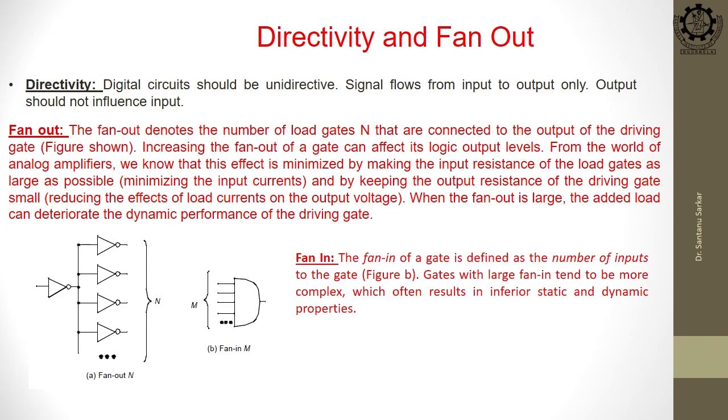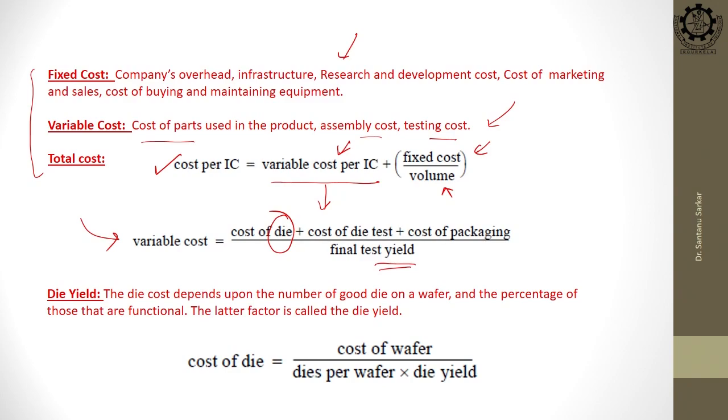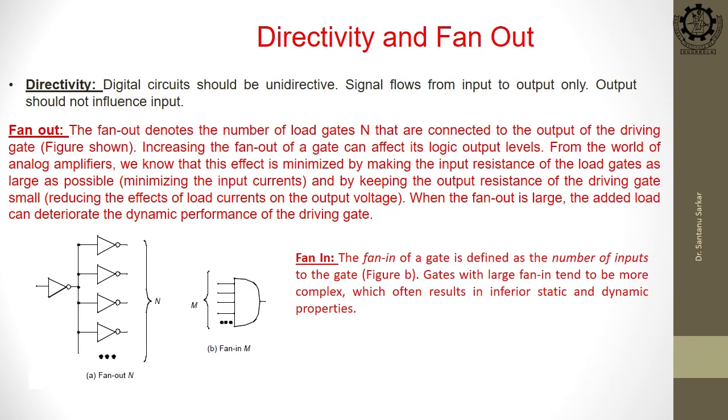Next are a few definitions that will help us understand how the cost of ICs works. Fan out and fan in, I hope you know, we discussed a little bit last day also. Suppose this gate is driving another 4 gates, so its fan out is 4. Similarly, suppose this is a 3-input NAND gate, so its fan in is 3.